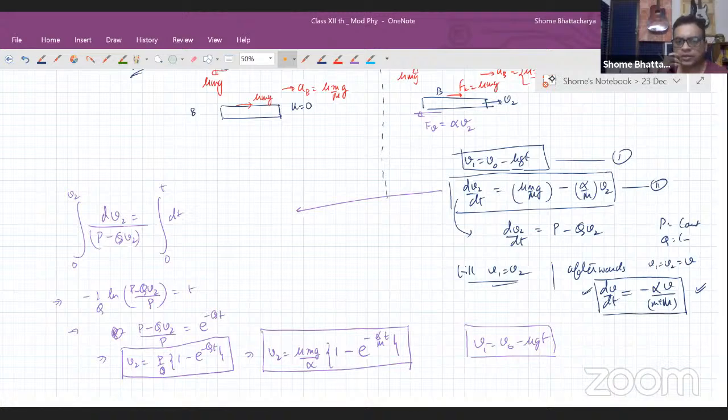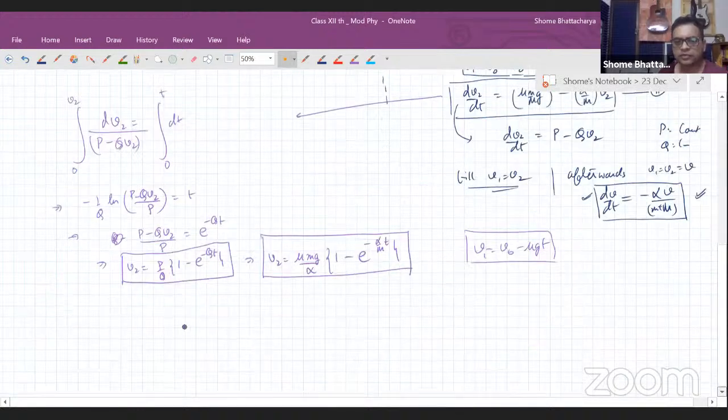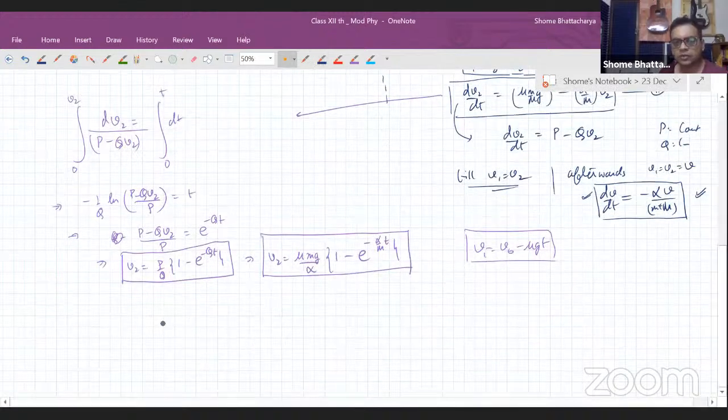So the answer cannot be independent of alpha. Anyway, what will happen is that you have to first find the time when v1 becomes equal to v2.